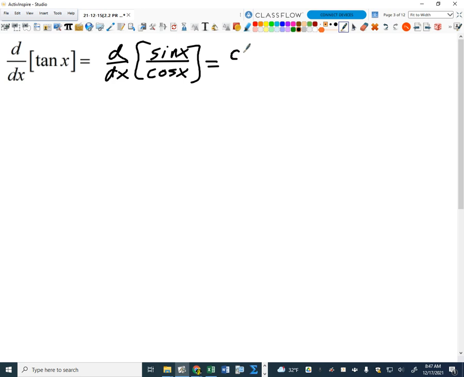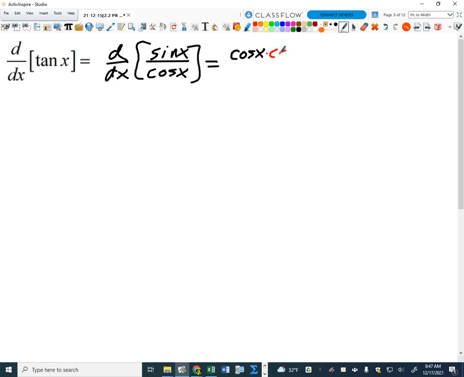Well, low is cosine times low d high, so we've got to take the derivative of the top. What's the derivative of sine? Cosine. Yeah, just cosine.